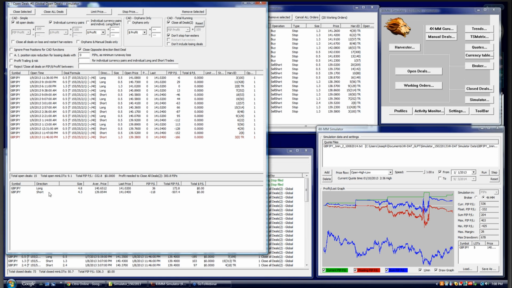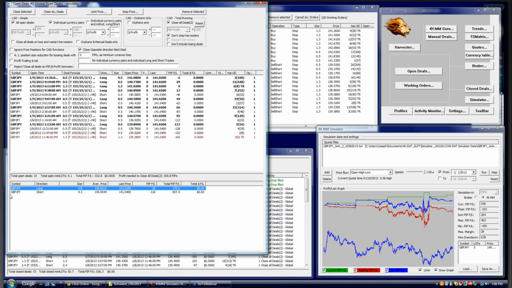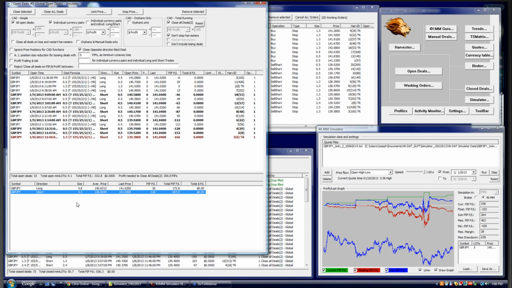We have a total of 15 trades open, 1, 2, 15. If we added up all the longs, the summary down here is showing 4.8 mini lots, or 48,000 pounds long, and then 4.3 mini lots short, which gives us a net position of 0.5 mini lots long.